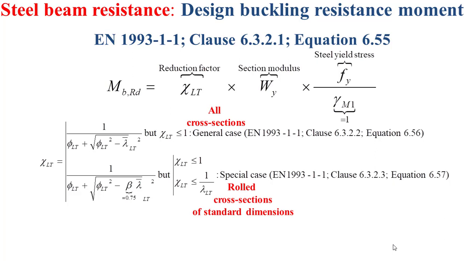And also, as you can see, we have to determine first phi LT and lambda LT in order to determine finally the reduction factor chi LT.